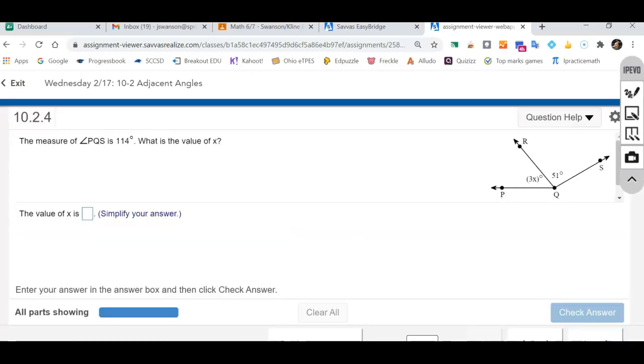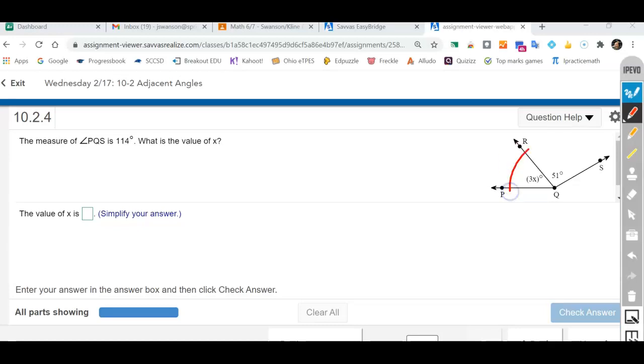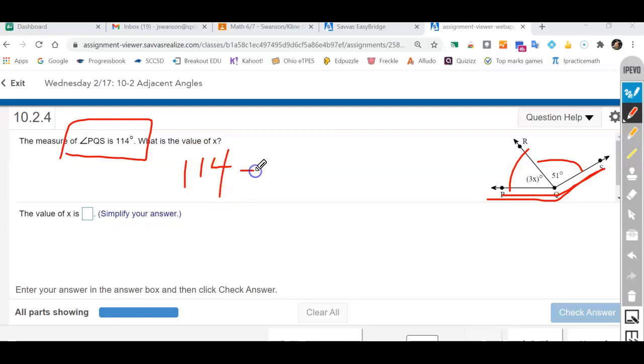Okay, you're now also going to have adjacent angles that you've got to problem solve with. So they're saying this angle right here is adjacent to this angle, right? Sitting next to each other. They're telling us that the whole thing, PQS, is 114 degrees. This one, PQR, is 3x.